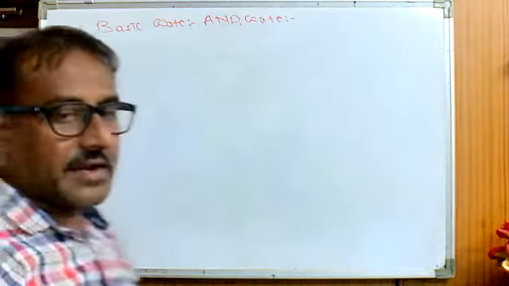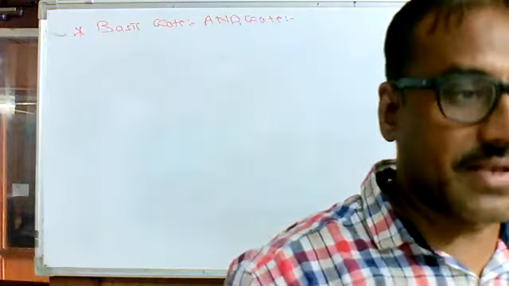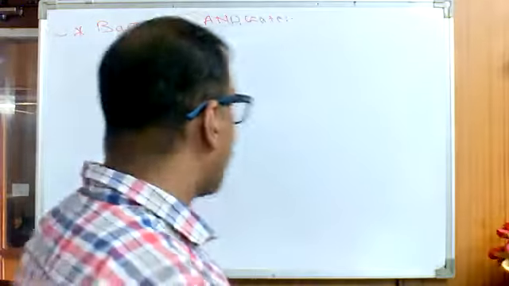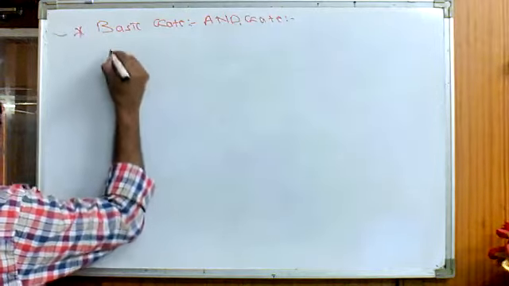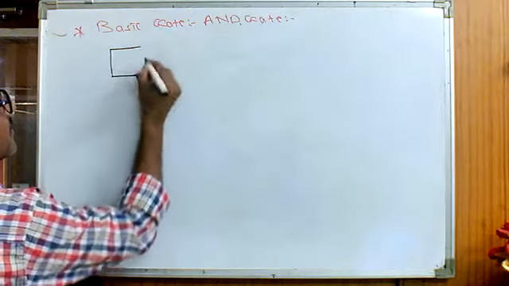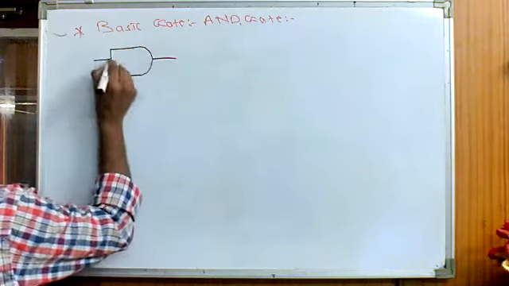What is an AND gate? The AND gate is the multiplication gate. A simple diagram looks like this. The symbol of the AND gate is a straight line, another straight line, and a half circle.